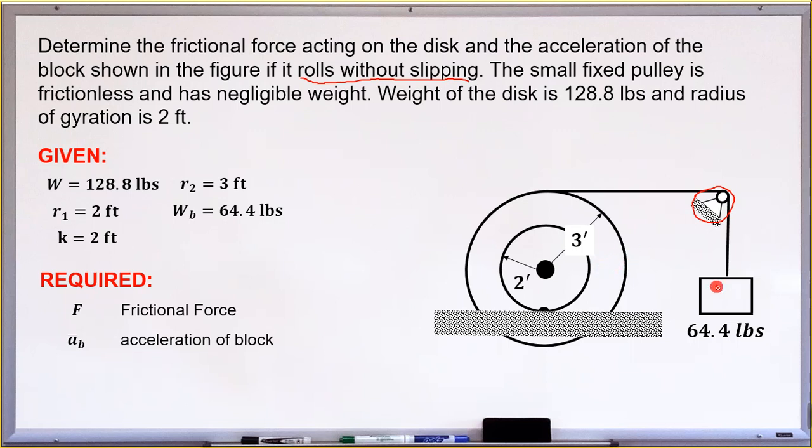So let's assume that our block has enough weight to pull this rolling disc, so that this rolling disc would translate in the right direction, so towards the right. So if we assume that this block moves downward, it has a linear acceleration, and we label that one as aB, no.